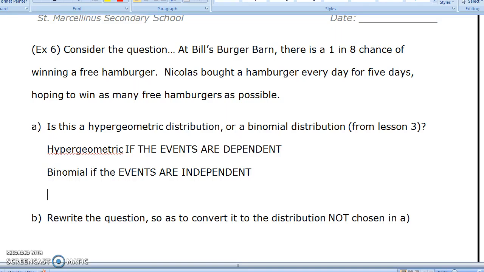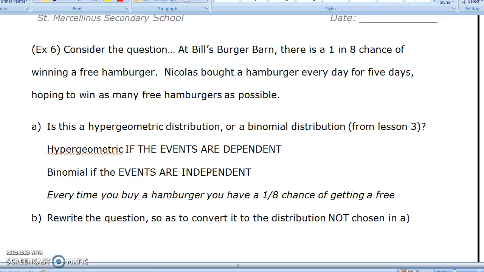Based on this question, the way I read it is every time you buy a hamburger, you have a 1 in 8 chance of getting a free one. To me, I read that as an independent event. Every time I buy one, I have a 1 in 8 chance. It doesn't matter if I've already won or not. It's a 1 in 8 chance every time.